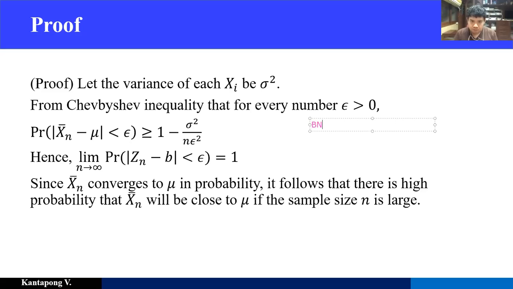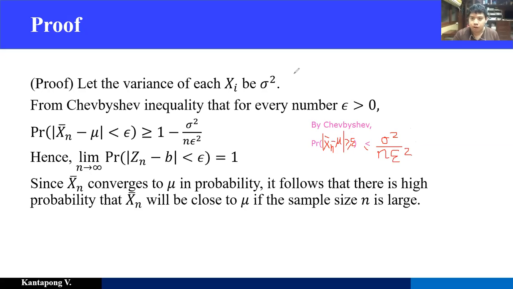In Chebyshev, we have something like this: the probability that the absolute deviation is greater than or equal to epsilon is at most sigma square over n times epsilon square.